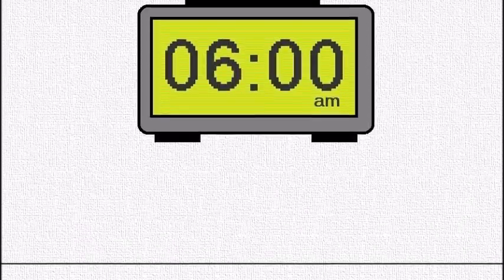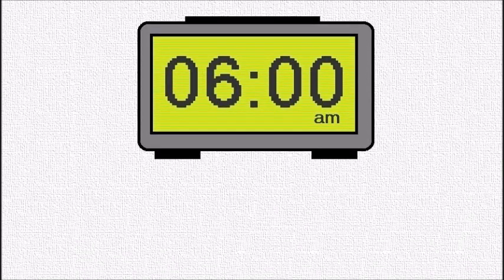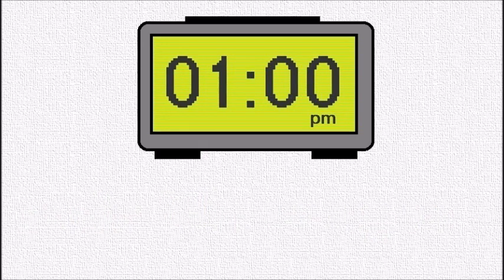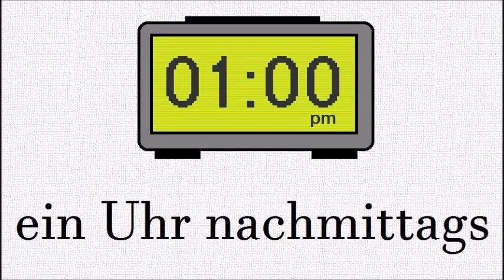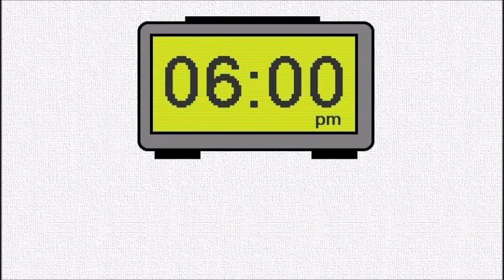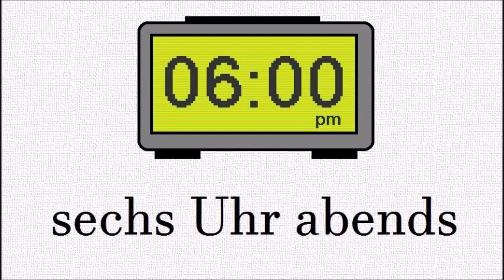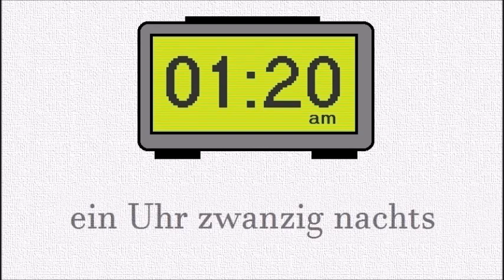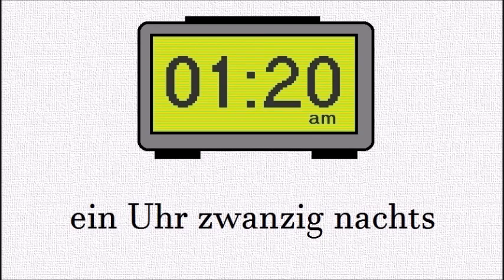For example, 6 a.m. is 6 Uhr morgens. 1 p.m. is 1 Uhr nachmittags. 6 p.m. is 6 Uhr abends. 1:20 a.m. is 1:20 Uhr nachts.